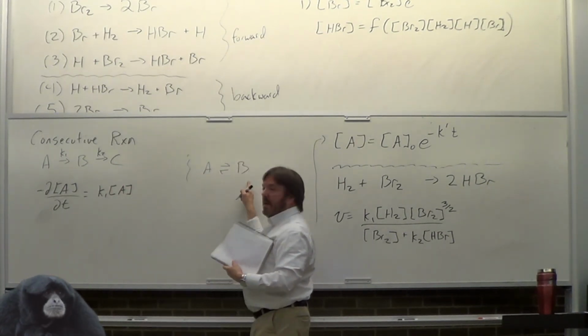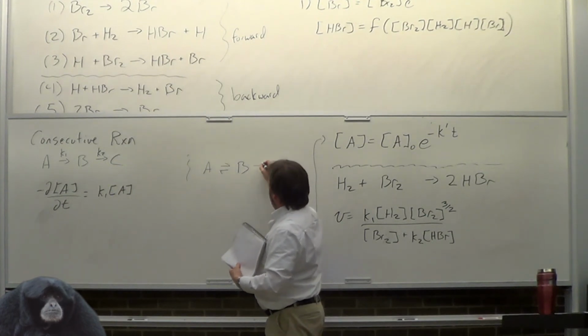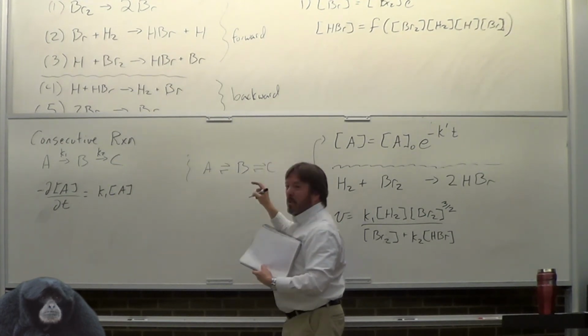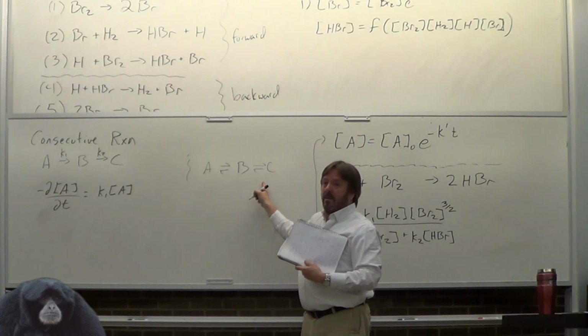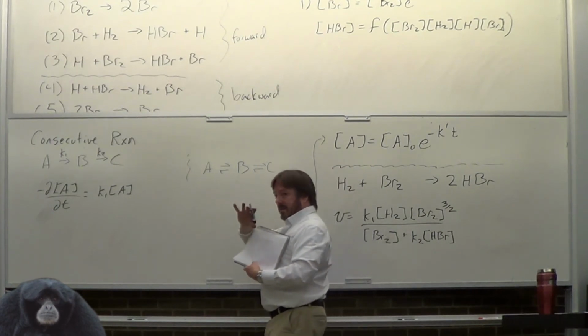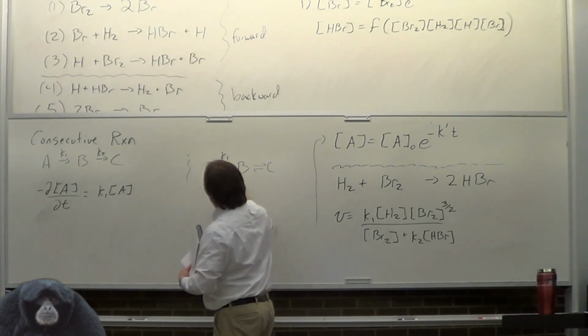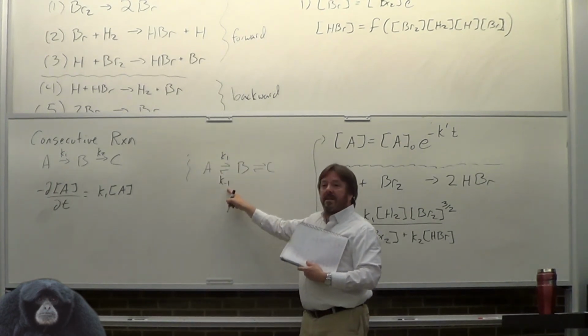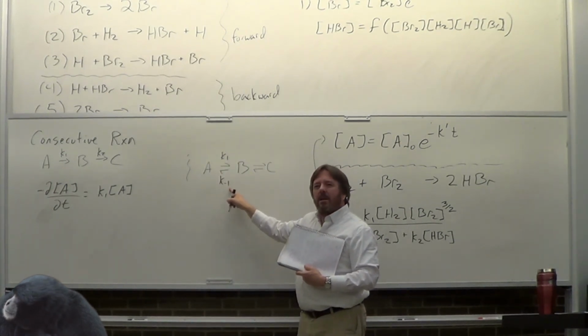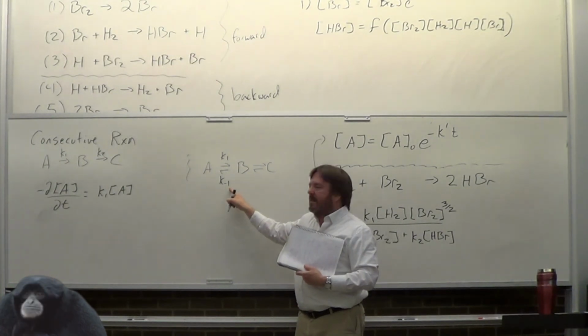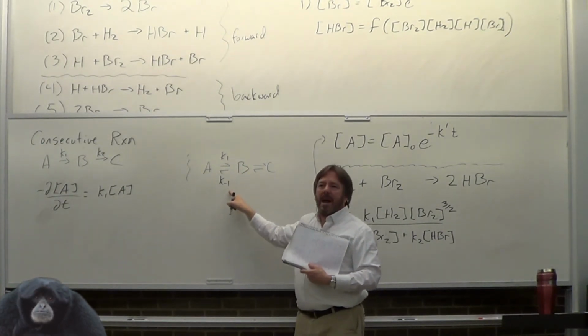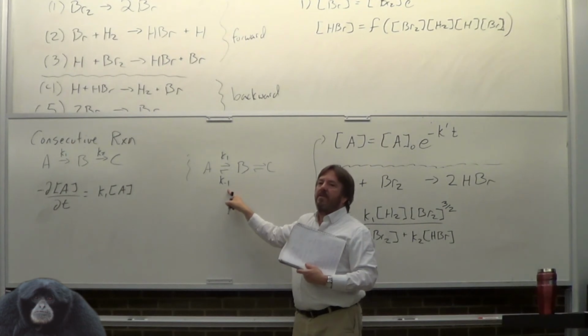Now, in an equilibrium case, this is a bit more realistic in all honesty, and I'll tell you how to deal with this next time, but I'll go ahead, just because you're curious. You'd have to have this. Typically the backward step has a different rate constant, but just to make it clear that these are associated, you often put a -1. It's a completely different number.